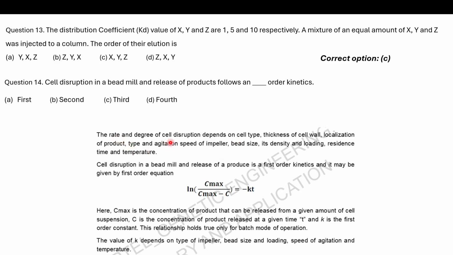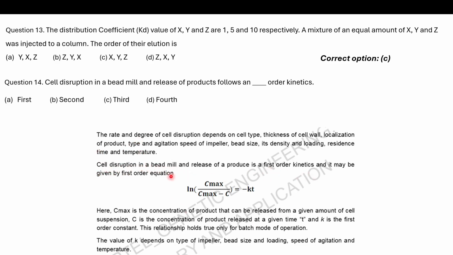The rate and degree of cell disruption depend on the cell type, thickness of the cell wall, localization of the product, the speed you are applying, the bead size, the amount of beads loaded, the temperature, and how long you are incubating the beads with the cell suspension. All of these things affect the cell disruption.